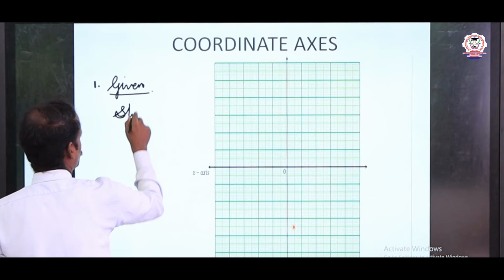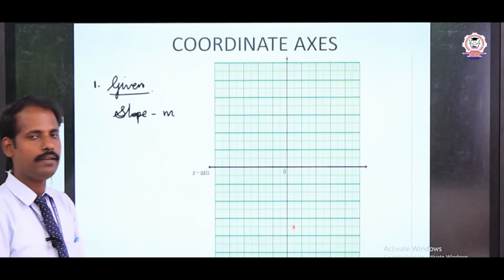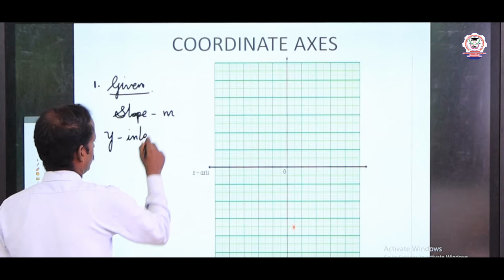The first one given is slope. Slope we denote m. The next one is y-intercept. So y-intercept is denoted by c.